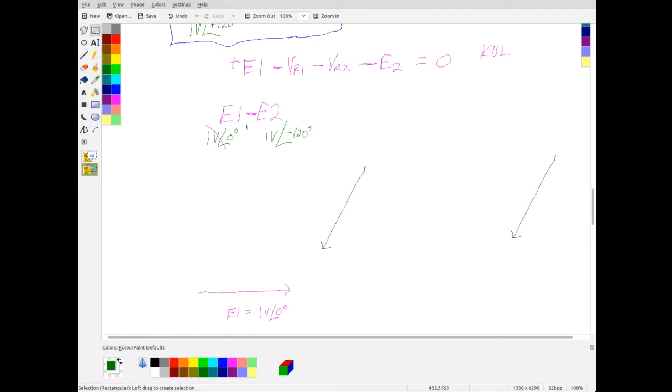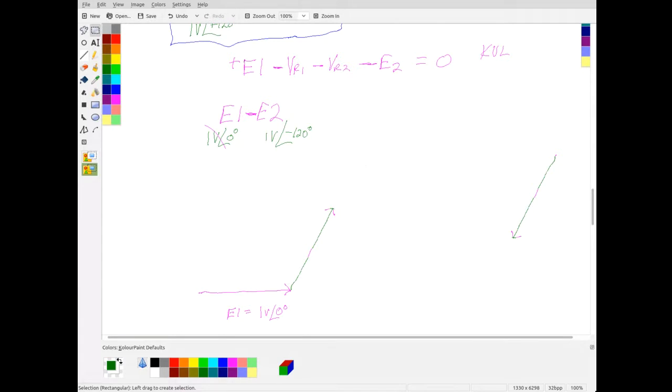So when you subtract it, that's a 180 degree phase shift. So now if this was my E2, okay, I need to actually rotate this 180 degrees. So it's actually going up in this direction. Okay. And so it's going up that way.